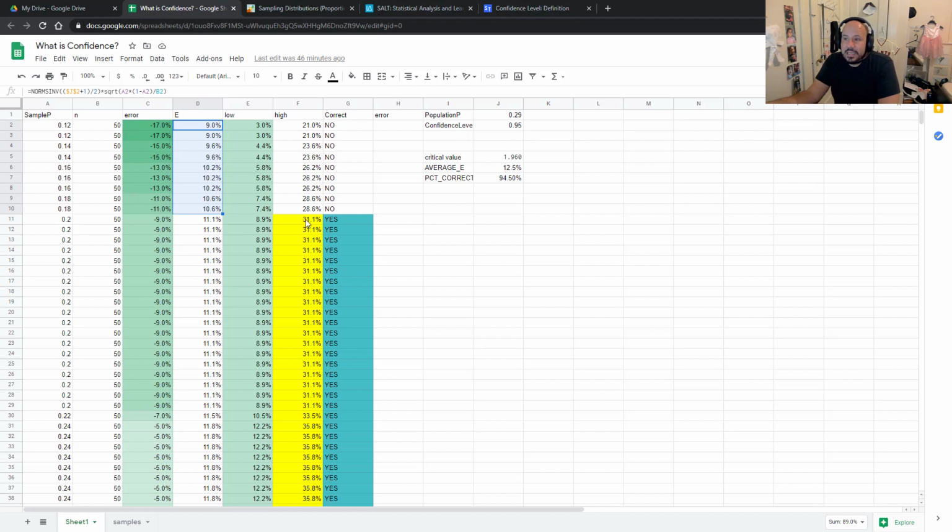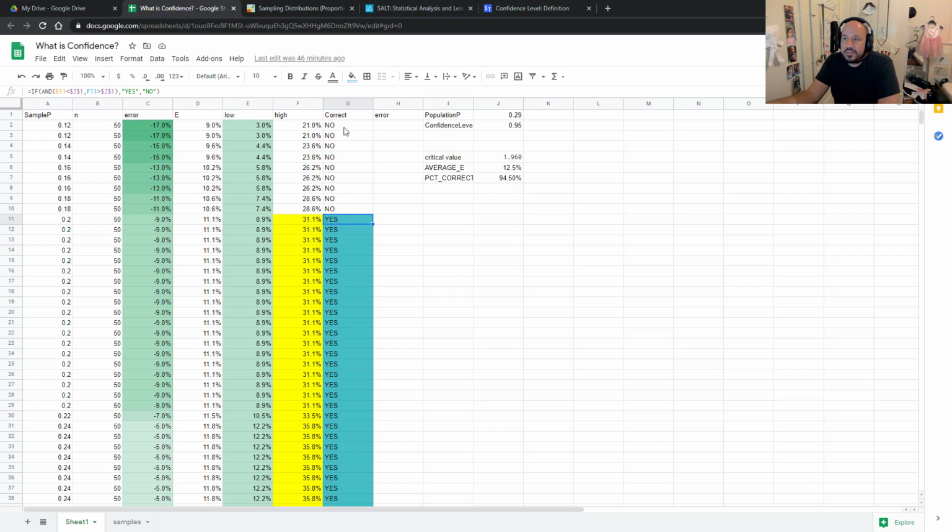Each of these ended up not containing the true value. It wasn't until we get to this 20% right here that, all of a sudden, the distance is close enough, only 9 percentage points away, that once I build in that margin of error of 11.1%, I get an interval that's wide enough to actually contain the true value.